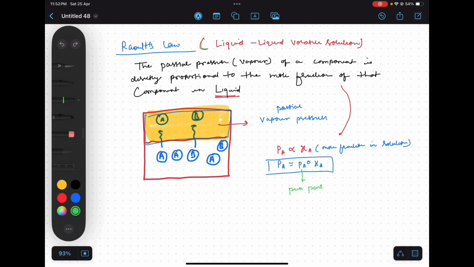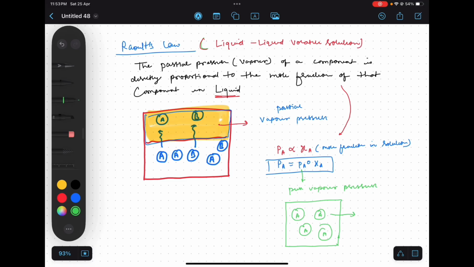Here, if we are talking about a pure component, we can neglect the term partial. We read it as pure vapor pressure, because it is not partial. I'm explaining again: this PA naught is calculated by putting that gas component in a system which has only that component, so we will not have partial pressure. That's why we call it pure vapor pressure.